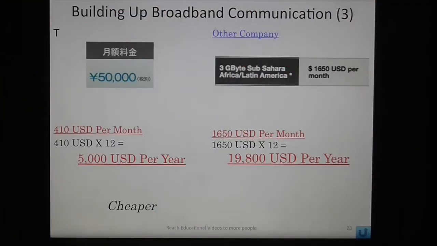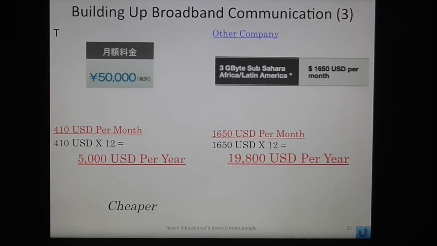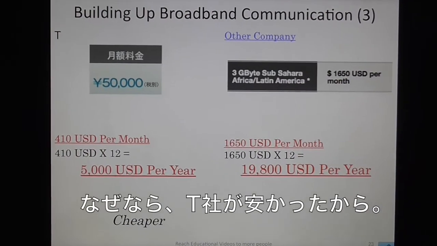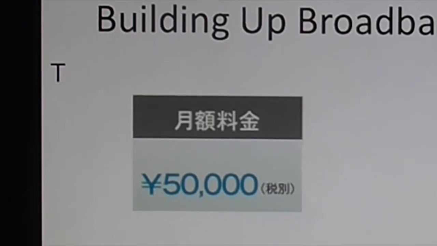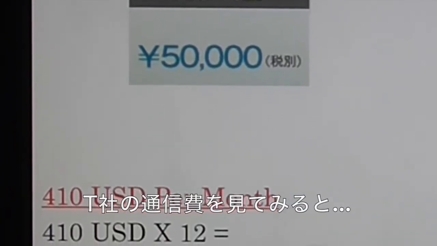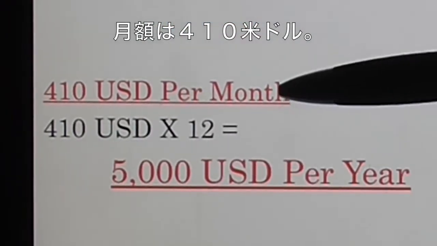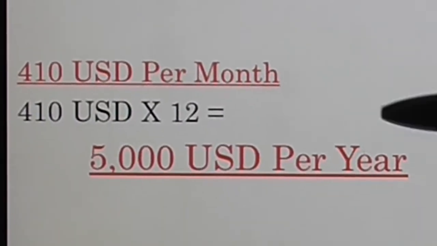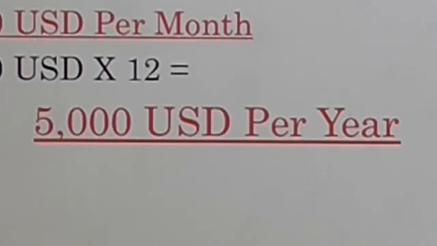Okay. Why did I choose the T company? Well, the T company was cheaper. If you look over here, the T company's monthly communication fee is $410 per month, so annually, times 12, that's $5,000 per year.